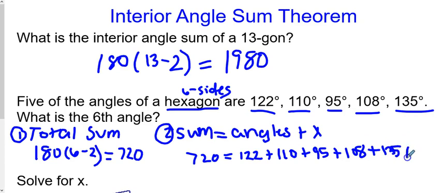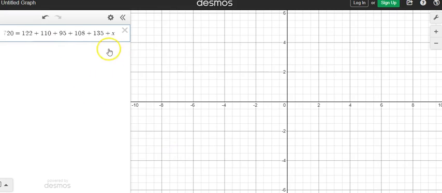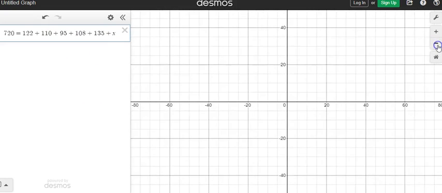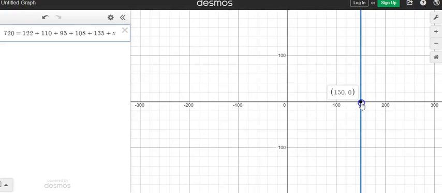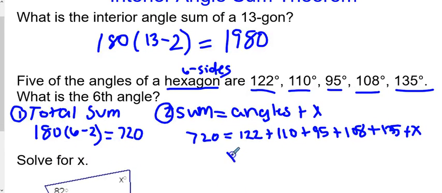And lastly, plus x, and then we'll just go to Desmos and type that straight in. Okay, so as you can see here, I have typed everything into Desmos, and I just need to scroll out until I find my angle, 150 degrees. And again, these are angles, so we want to put it in degrees.